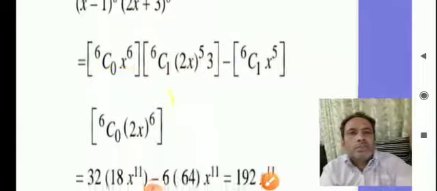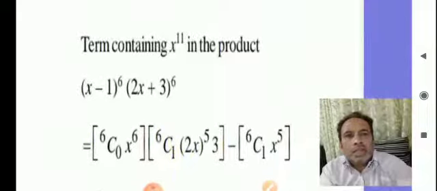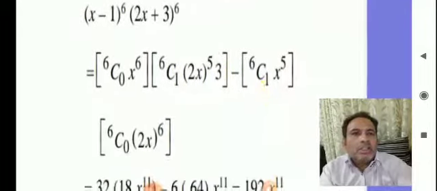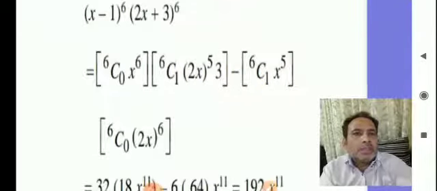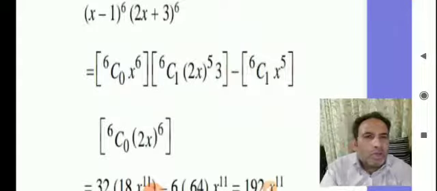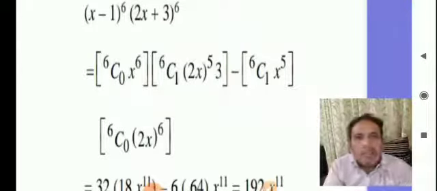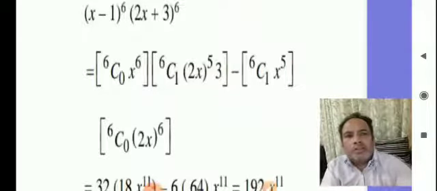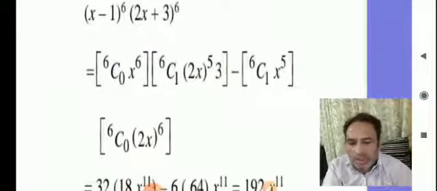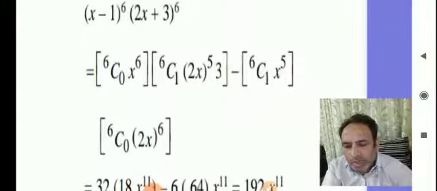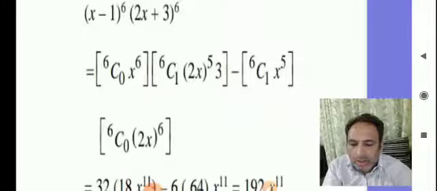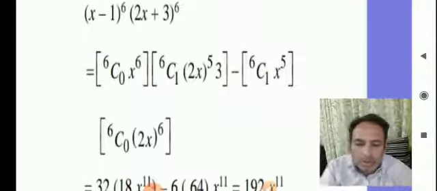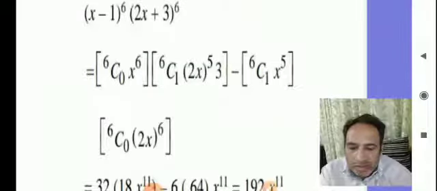The term containing x to the power 11 is this one. This was the first term, 6th power from the first expression and 5th power from the other expression. And here 5th power from the first expression and 6th power from the second expression. In this way, without the concept of trinomial, we are making the result as a binomial.